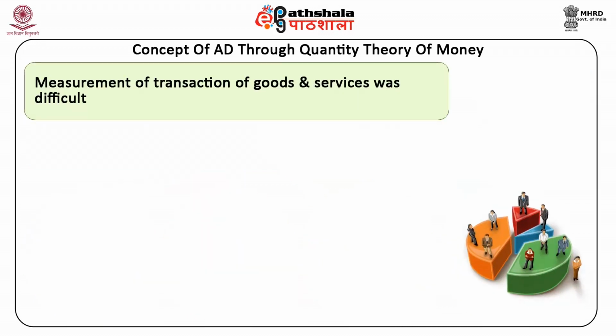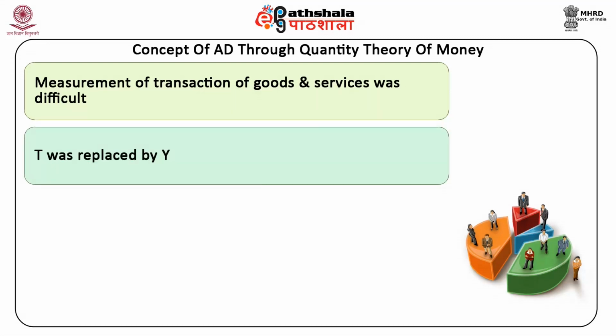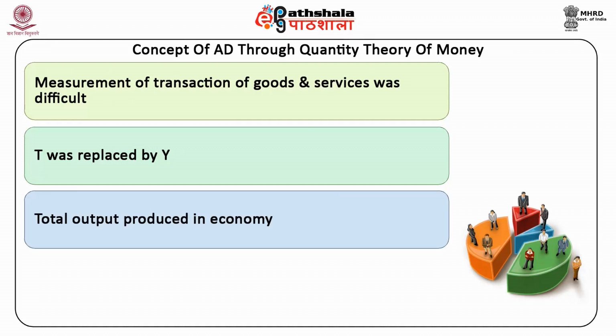However, measurement of transaction of goods and services was difficult in an economy, and hence T was replaced by Y, that is, total output produced in the economy.